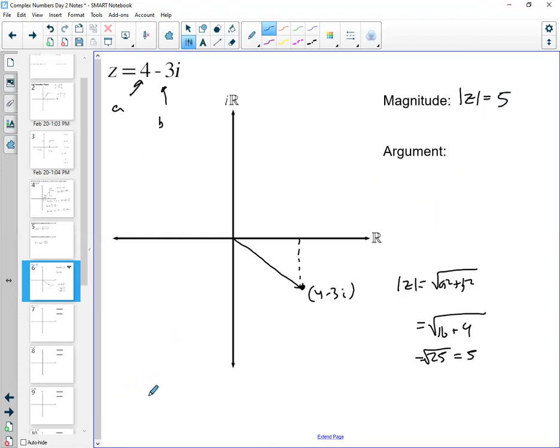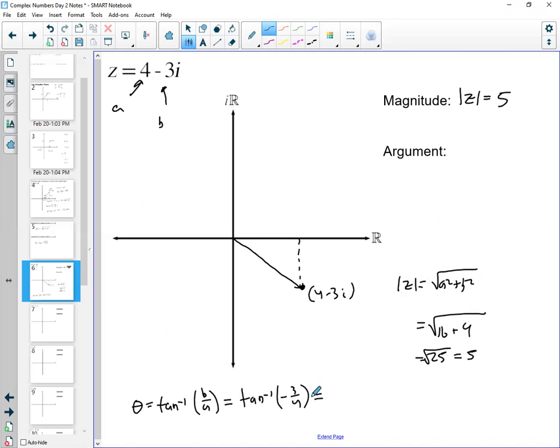Now the argument's going to be a little trickier, but we saw previously that it's the inverse tangent of b over a. In this case, it is the inverse tangent of -3/4, which is, get out the trusty calculator. Make sure it's in degree mode.